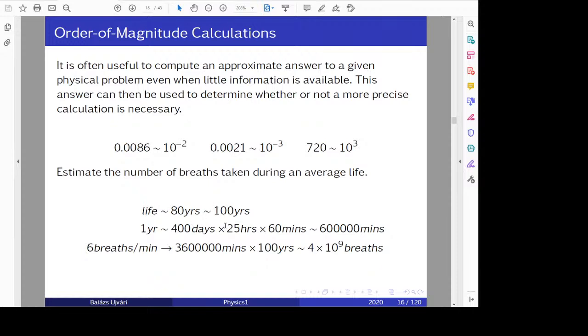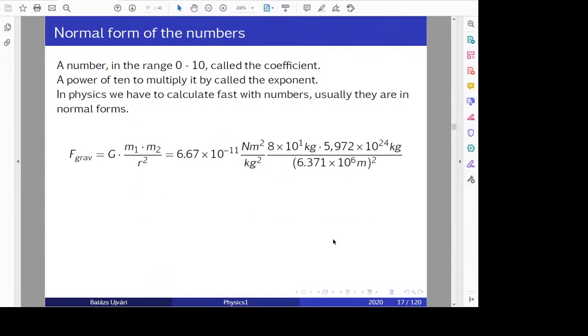To have a nice order of magnitude estimation for the hours in a year, 20 times 20 minutes, 6 breaths per minute, you can measure yourself how many breaths you do in a minute, and sooner or later you can have an order of magnitude calculation, let's say 4 times 10. You can think about simple things, for example, how many steps you need to go from your home to school.